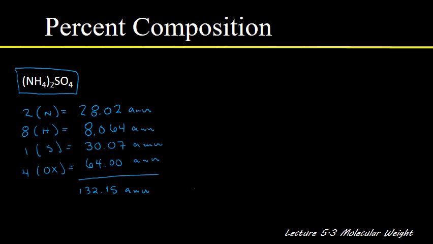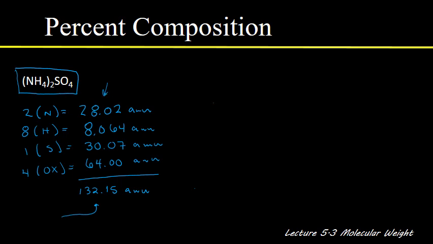All right, so here's our calculation for the molecular weight of ammonium sulfate that we had on the previous page. I took out the middle part of the calculation, wrote an abbreviated form here just to save a little bit of room. But our calculation shows that the average molecular weight is 132.15 atomic mass units, and of that, 28.02 AMU is nitrogen.